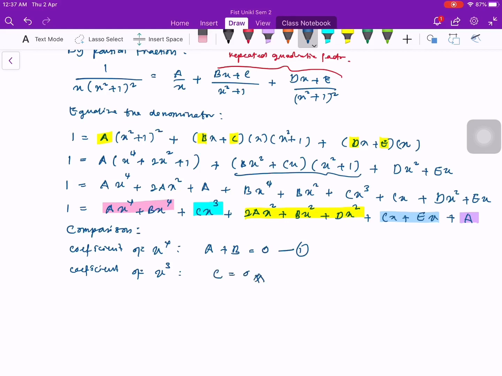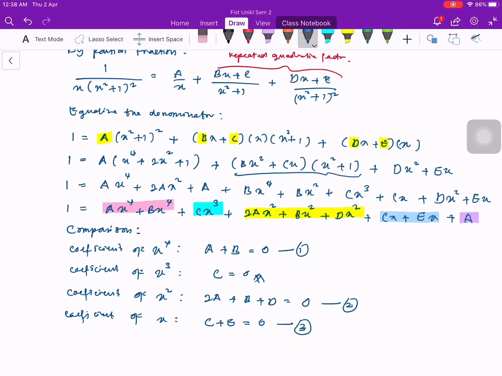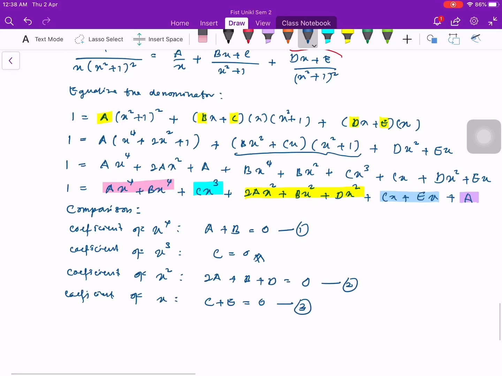So kita akan dapat jawapan untuk C, and then saya compare coefficients of x squared. Saya akan dapat 2A tambah B tambah D sama dengan 0, which is second equation, and then coefficient of x, saya akan dapat C plus E, which is equals to 0 as well. Okay, third equation. And lastly, which is constant.